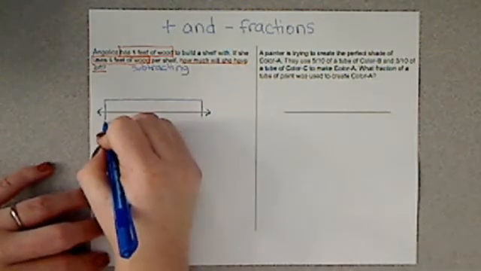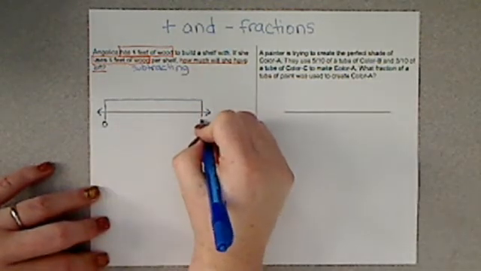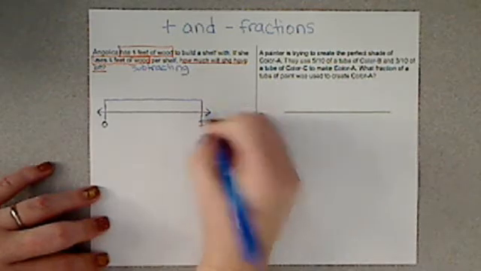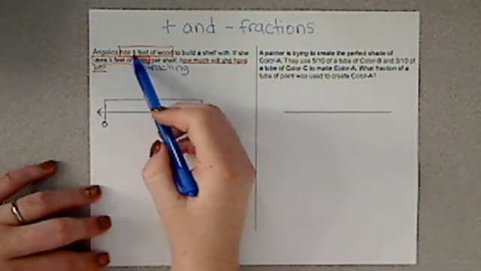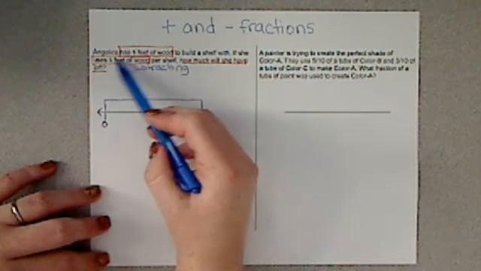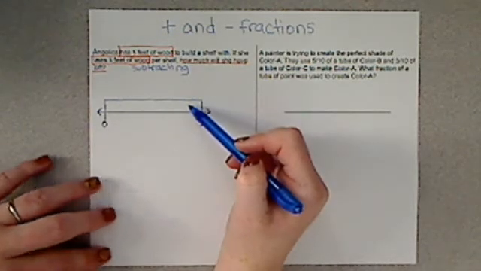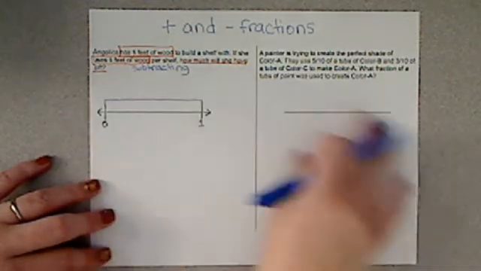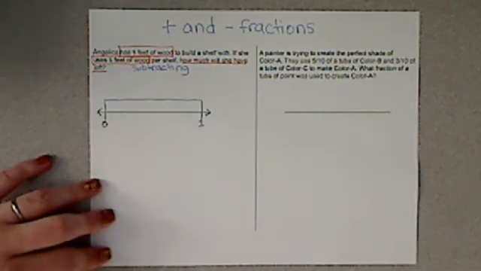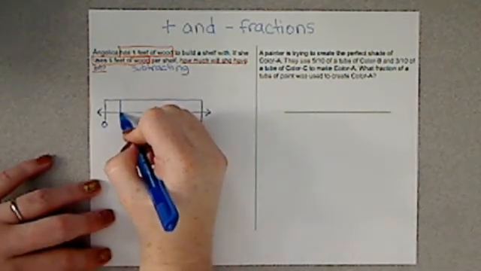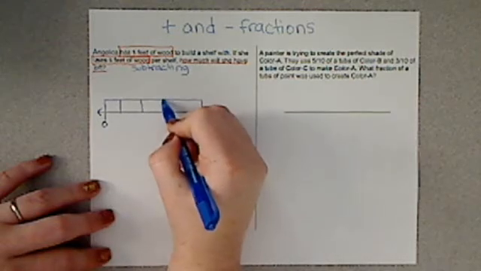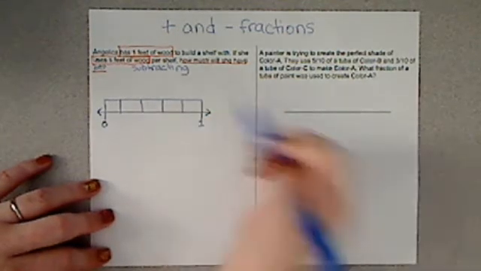I'm going to start with 0 and go to 1. My denominator is 5, which means that this needs to be split into 5 pieces. Now, for fifths, there's really not an easy way to draw it. You just kind of have to do your best and guess. So 1, 2, 3, 4, and 5.